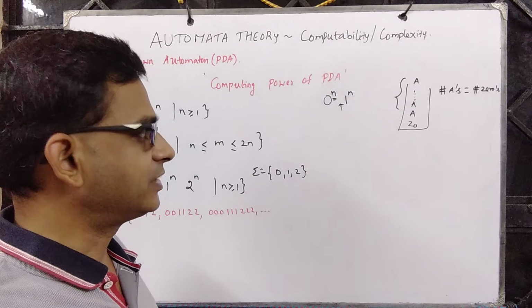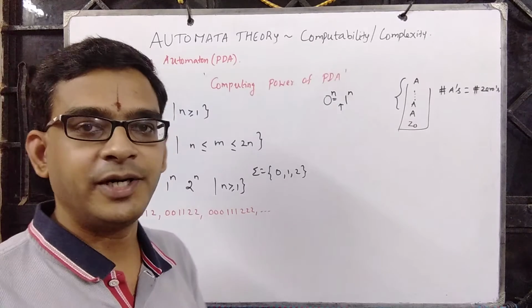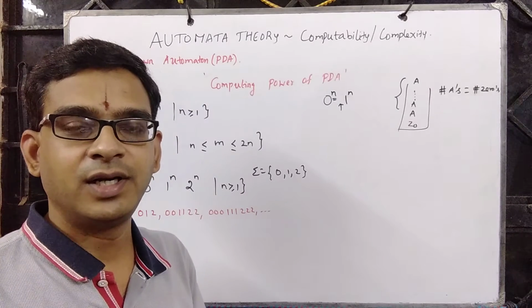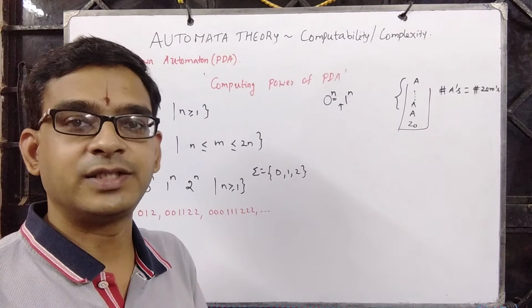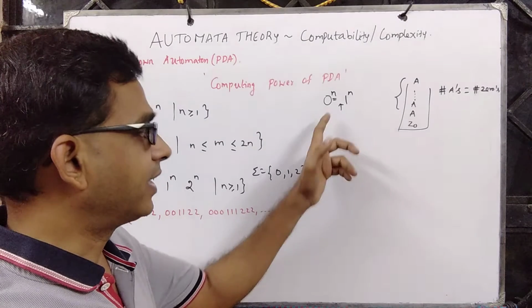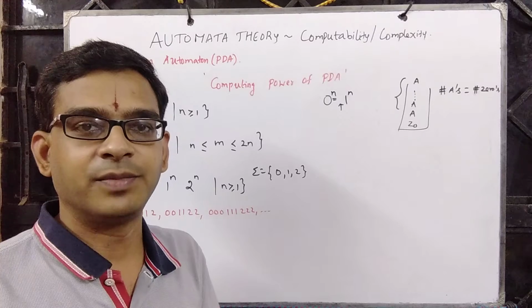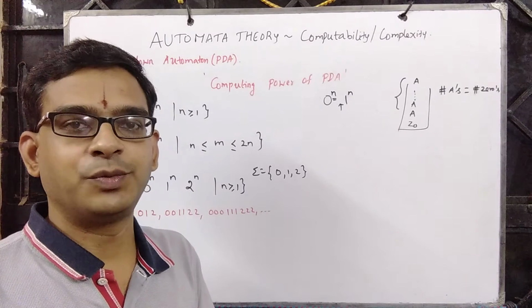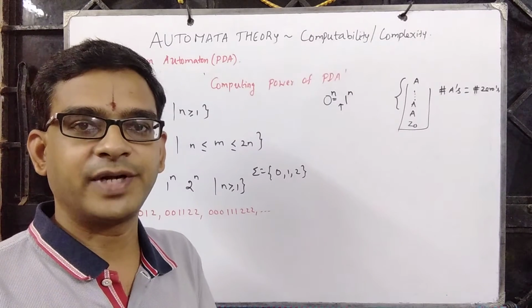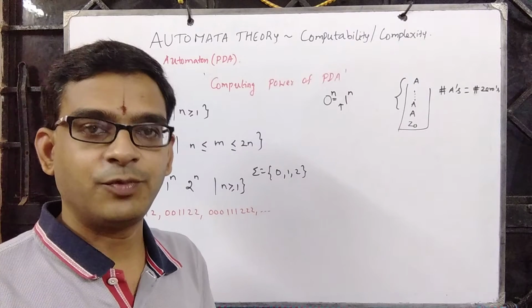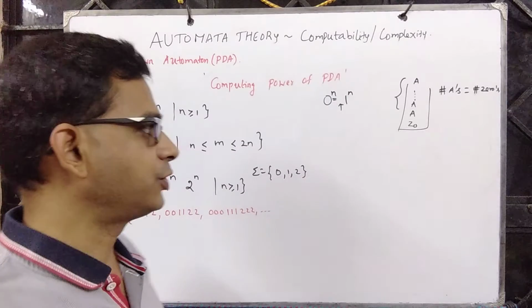If you explicitly ask whether a PDA can print the number of zeros in a string or the number of ones in a string, the answer is no. But it can compare the number of zeros and ones. It can check whether they are one and the same. Are there equal numbers of zeros and ones? Whether it is of the form 0 power n, 1 power n, whether it is of the form 1 power n, 0 power n, and so on.